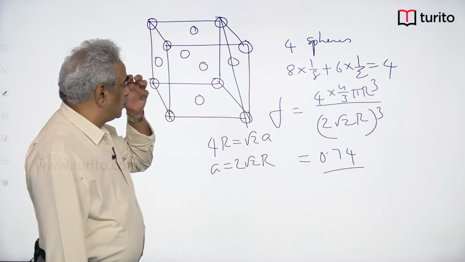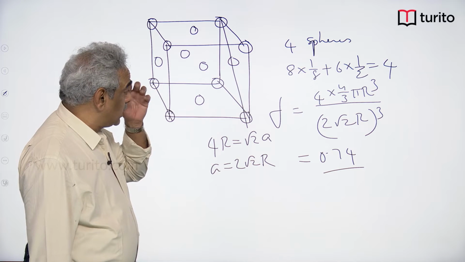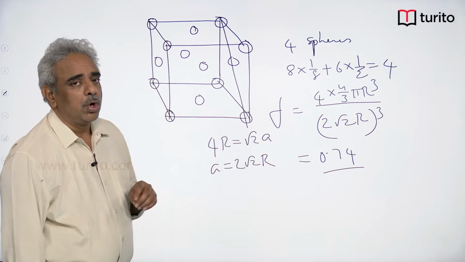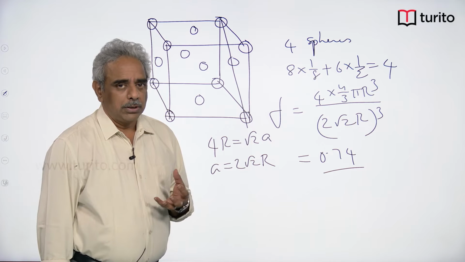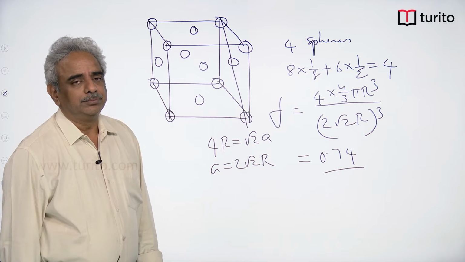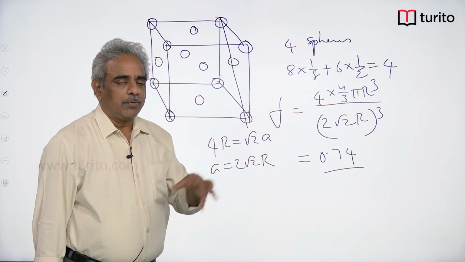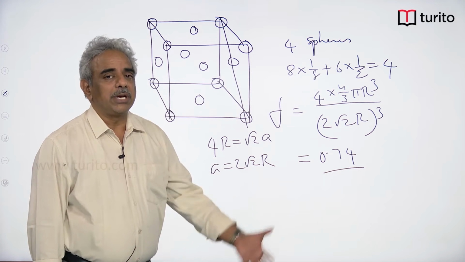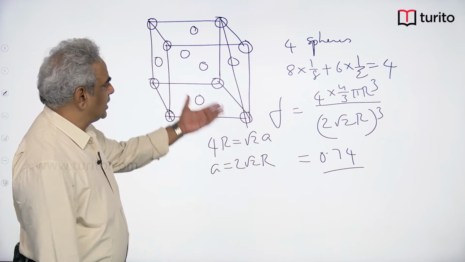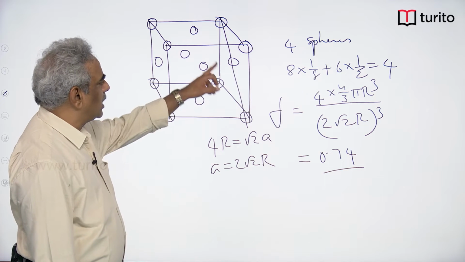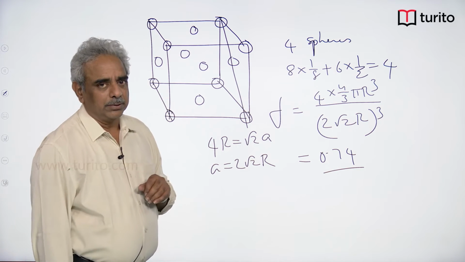So, now what else we should see? See from this unit cell also you should be able to prove that the coordination number is 12. Means what? Every sphere is surrounded by 12 nearest neighboring spheres. So, let us take, and first of all try to understand the unit cell.